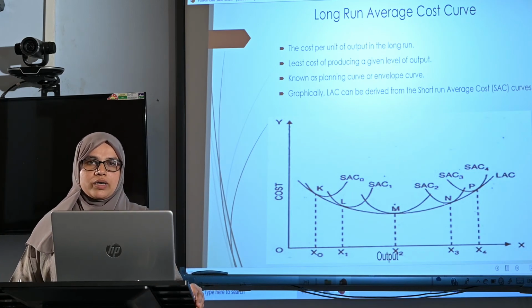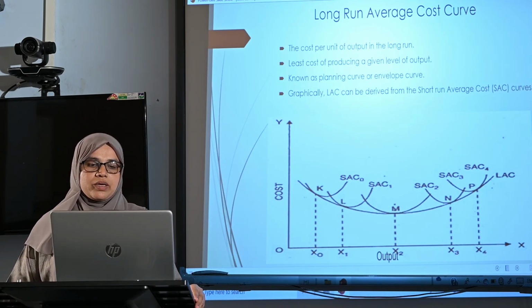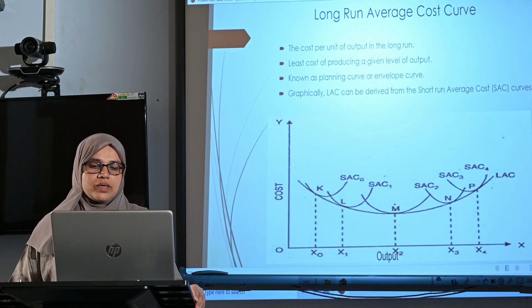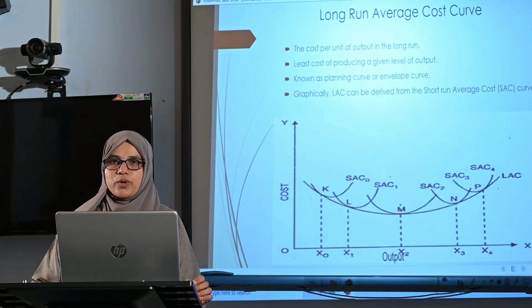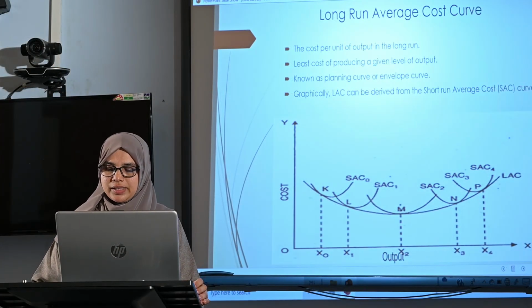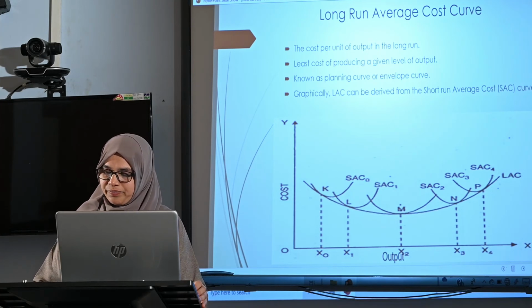Graphically, long run average cost curve can be derived from short run average cost curve. In the diagram, SAC 0, 1, 2, 3, 4, like that SAC curves are given. Each point on LAC curve is the point of tangency with the corresponding SAC curve.